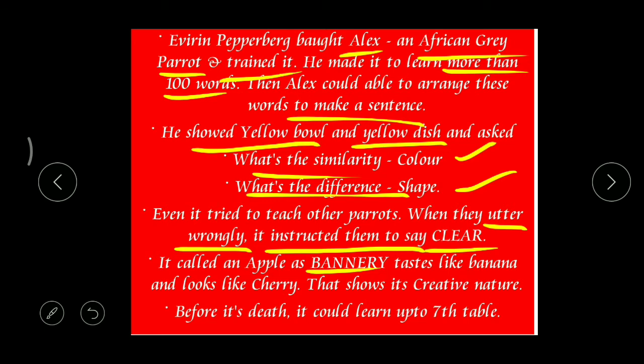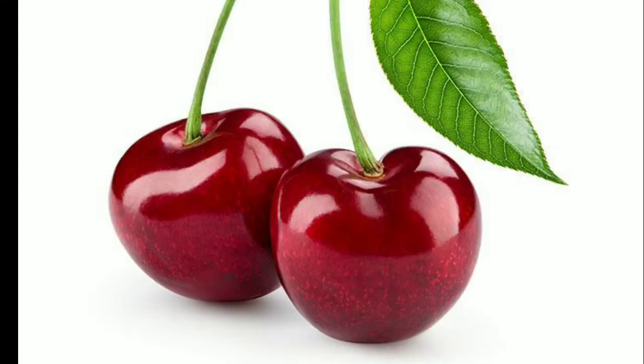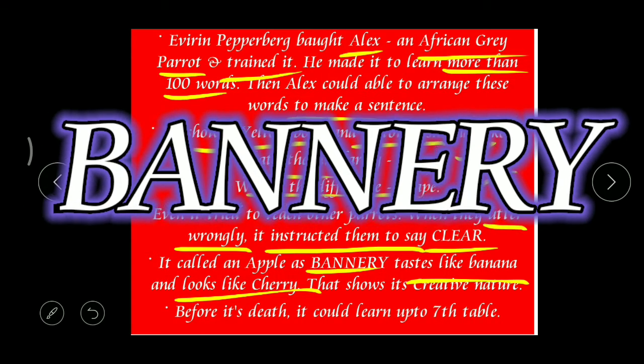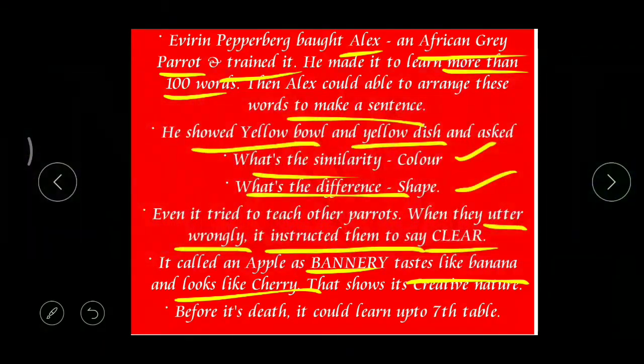Because this apple tastes like a banana, and it looks like a cherry. So by adding banana and cherry, it created a new word, bannery. Actually, there is no such word as bannery, right? But it created a new word, correct? So with this, we can say that it has great creativity.